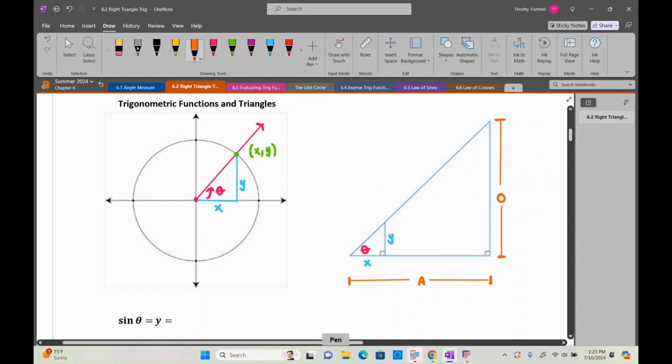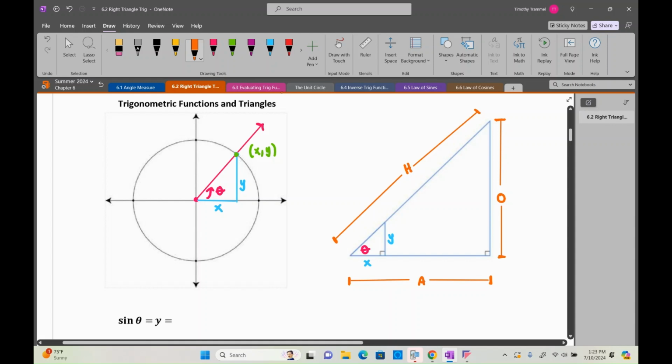And I'm going to try and label this here neatly. So I'll write in maybe a capital H here for hypotenuse. There we go.